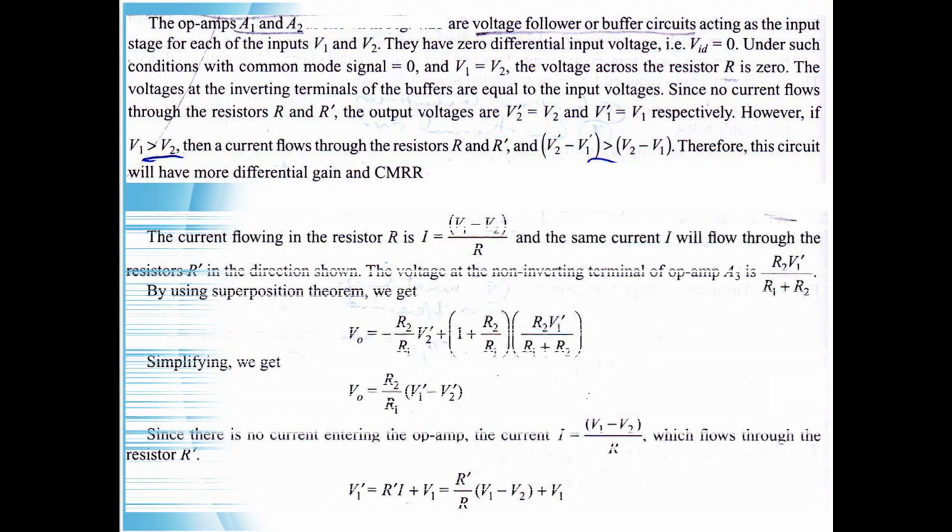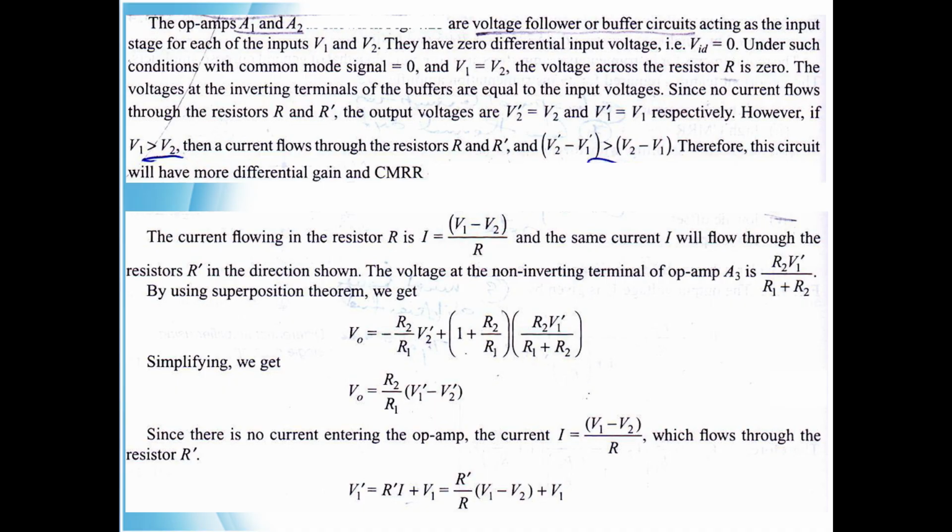high CMRR. The current flowing in the resistor R is I equal to V1 minus V2 divided by R. And the same current I will flow through the resistors R dash in the direction shown. The voltage at the non-inverting terminal of the amp A3 is R2 V1 dash divided by R1 plus R2.